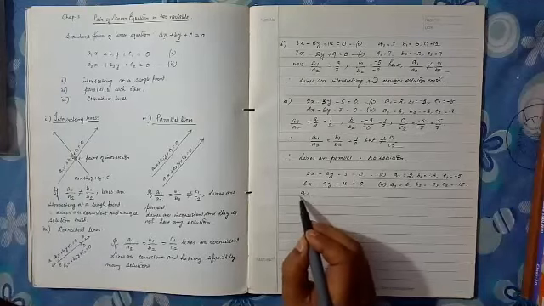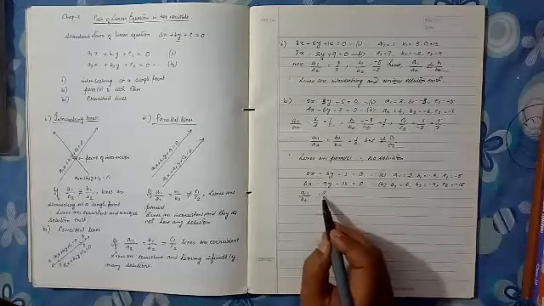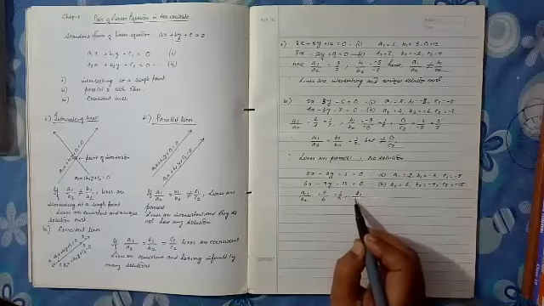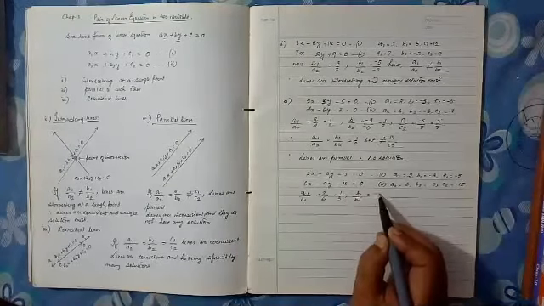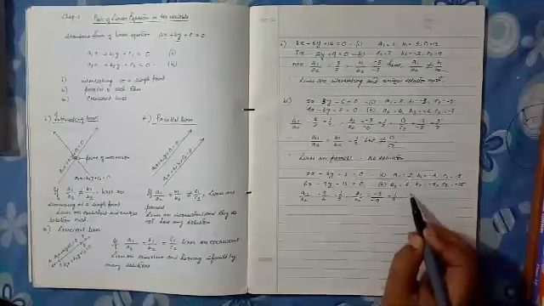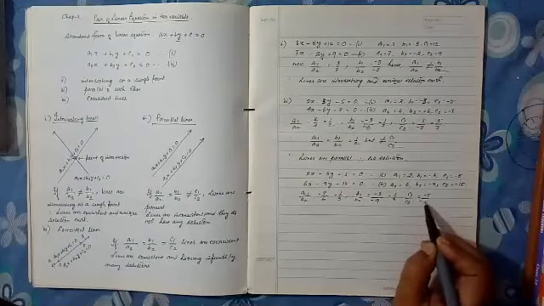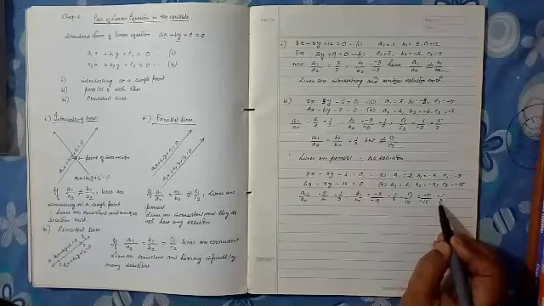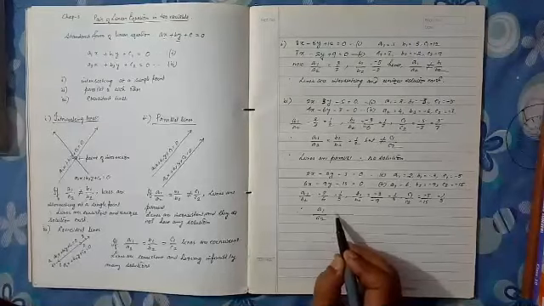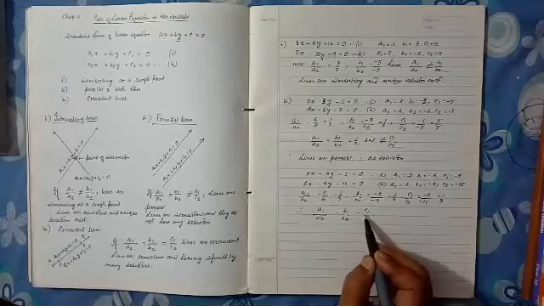Now a1 by a2 is equal to 2 by 6, that is equal to 1 by 3. b1 by b2 is equal to minus 3 by minus 9, that is equal to 1 by 3. c1 by c2 is equal to minus 5 by minus 15, that is equal to 1 by 3. Therefore, a1 by a2 is equal to b1 by b2 is equal to c1 by c2.